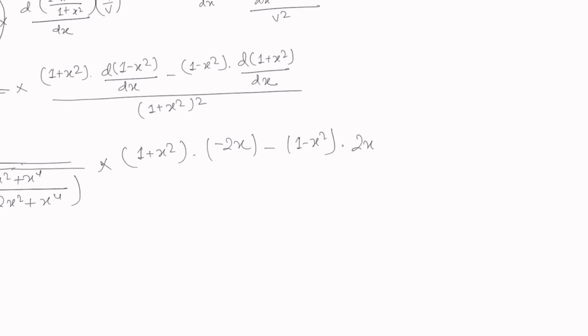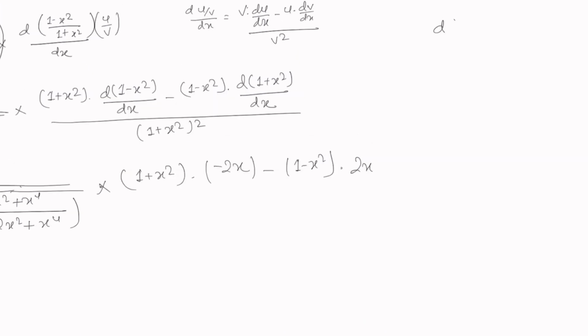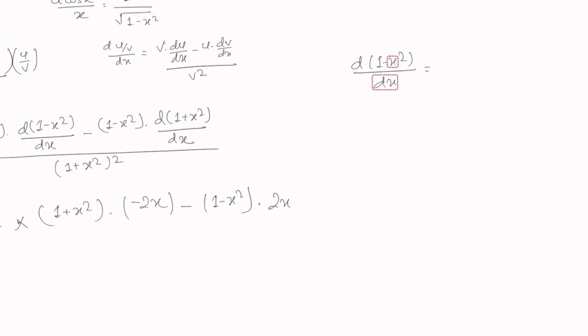How are these derivatives coming out? See, we have the derivative of 1 minus x square dx, so we can write it as d1 upon dx minus d x square upon dx, so we get 0 minus 2x.